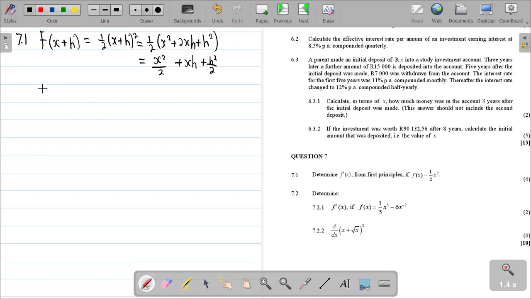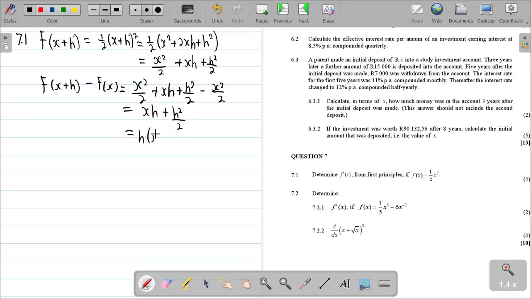So then f of x plus h minus f of x is then equal to x squared over 2 plus xh plus h squared over 2 and then minus x squared over 2. So then this is going to be equal to xh plus h squared over 2, which is equal to h times x plus h over 2.